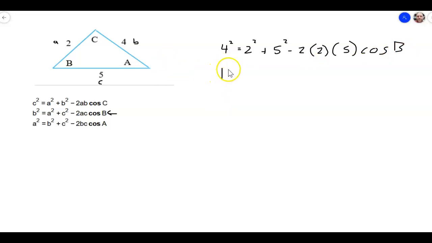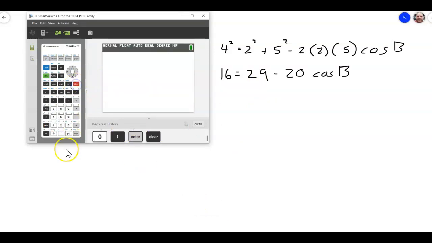Working that out, we have 16 is equal to 4 plus 25, so that's 29, minus 2 times 2 times 5, so that's minus 20, times the cosine of B. Then we subtract 29 from both sides. 16 minus 29 is negative 13.